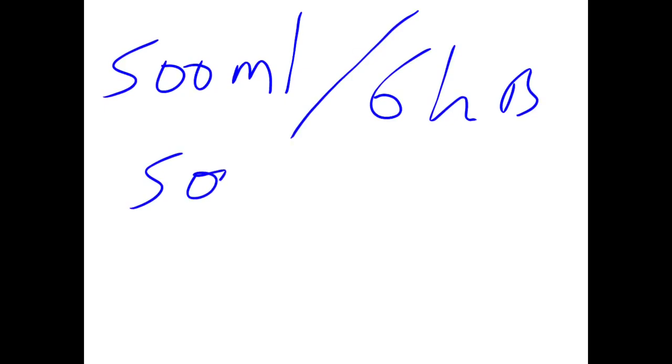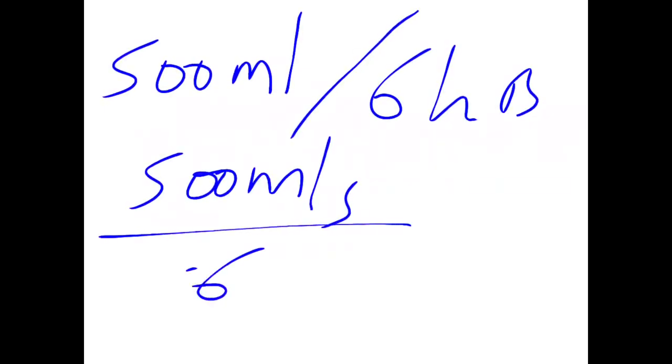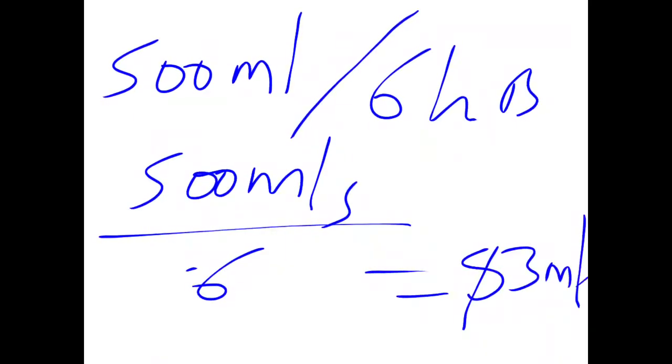Again, here you're just going to say 500 mils divided by 6. When you do the calculation, how much are we going to get? You'll find that you are giving about 83 mils per 1 hour.